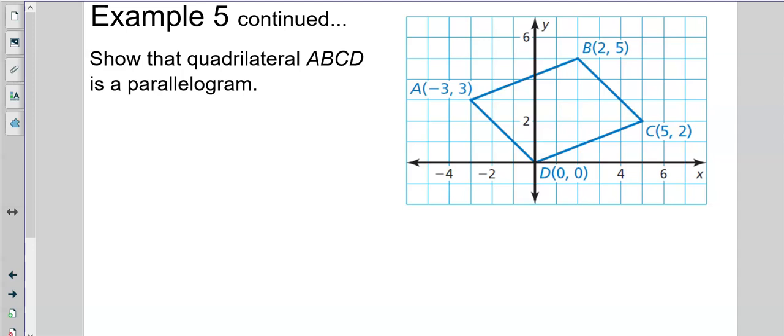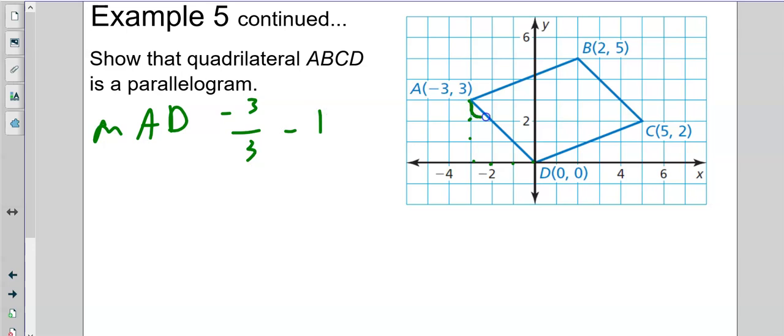Show this quadrilateral is a parallelogram. Okay, so I think personally the easiest way to do this, since this is on a graph, the one that requires the least amount of work, is just to do the slope, and that requires counting. So the slope of AD, if I count down 1, 2, 3, right 1, 2, 3, so negative 1.